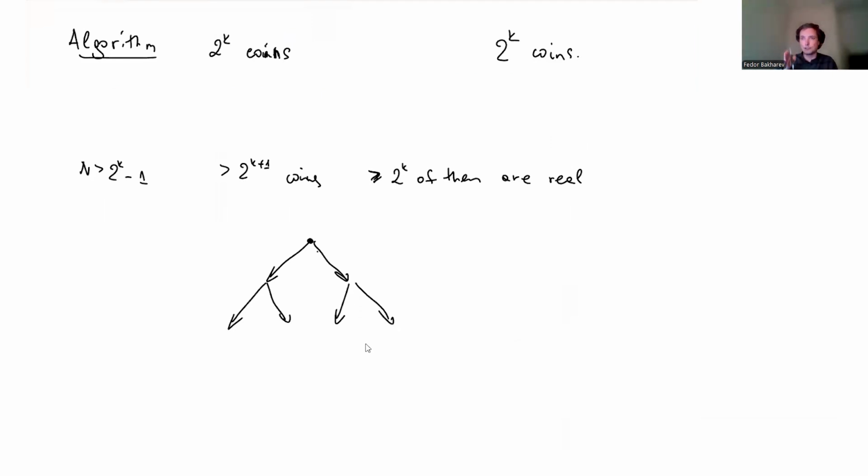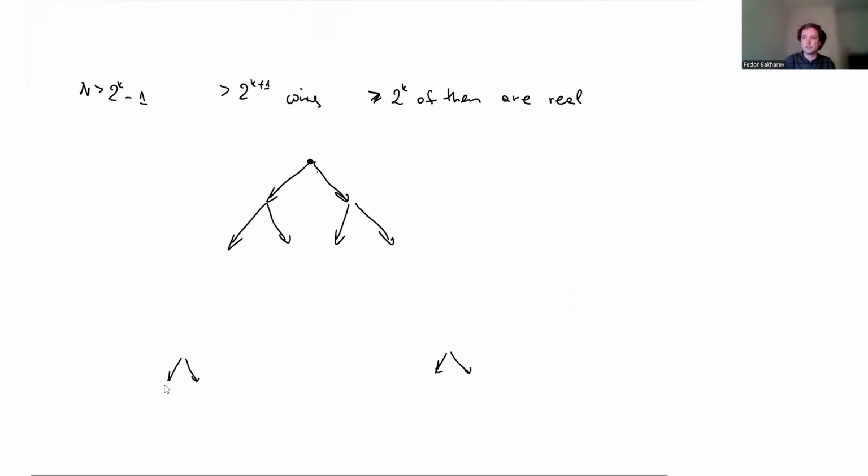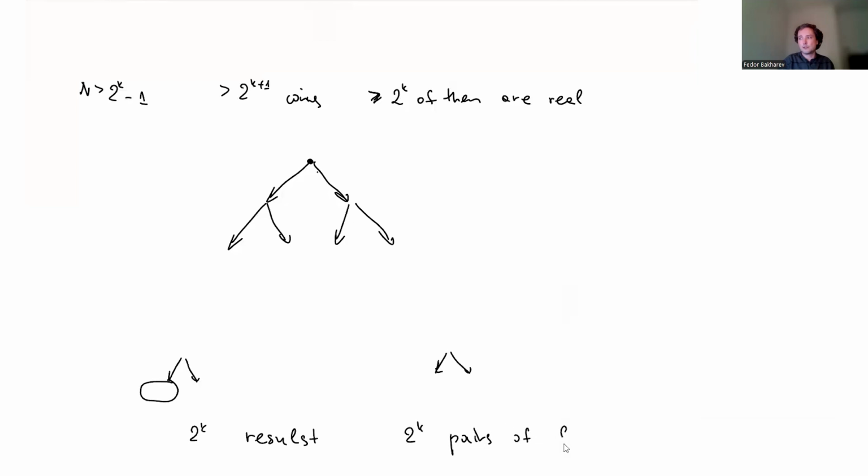And thus we have a tree of possible scenarios of our testing. And at the end of the day, after k tests, we get 2 to the power k possibilities, 2 to the power k results. And if our algorithm works, we will get 2 to the power k pairs of fake coins.